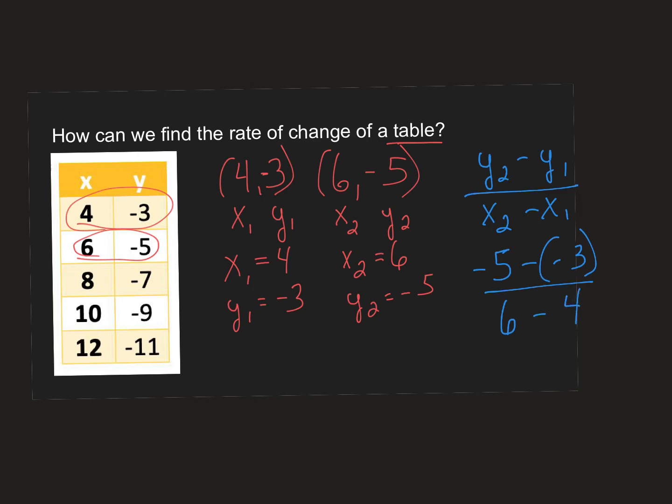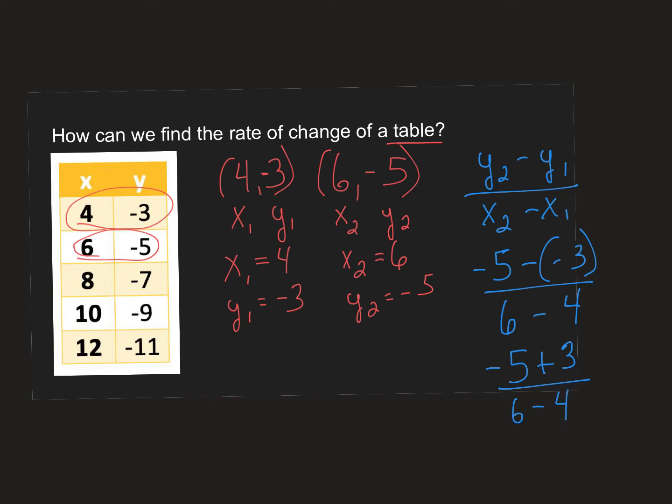So I have -5 minus -3, I'll rewrite that in a minute, divided by 6 minus 4. So I rewrite that as -5 minus negative turns into plus 3 divided by 6 minus 4.